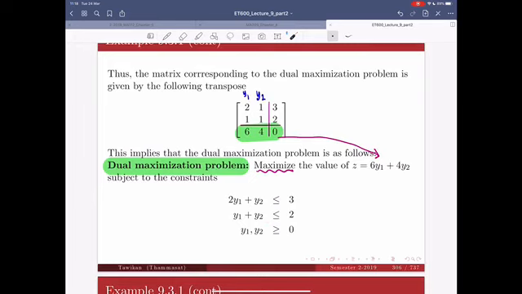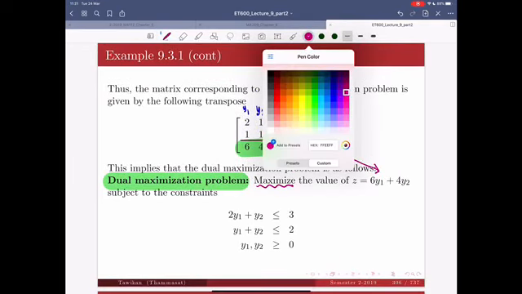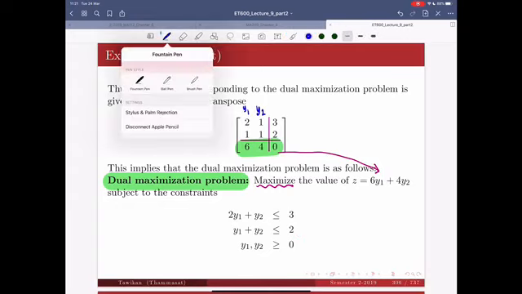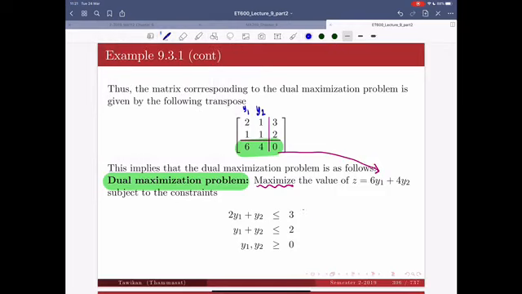Okay, now the simplex method that we learned before in section 9.2 can be used to solve this maximization problem. Seeing that we have two constraints in our dual maximization problem, it means that by using the simplex method, we have to add two slack variables.